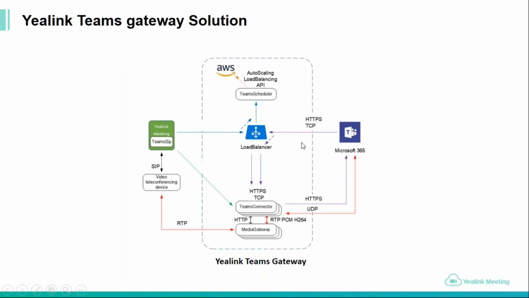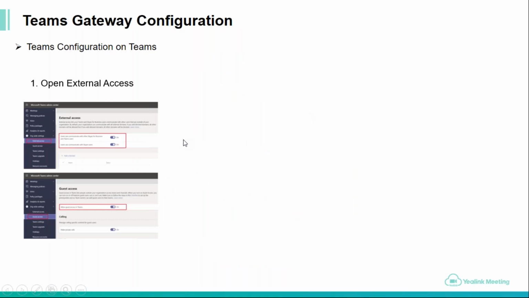And let's go to the Yealink Gateway solution. We deployed our Yealink Gateway on AWS. And this shows how you can configure it on Teams. Basically, our operation is the same as BlueJeans. Some partners will mention that they see BlueJeans in our configuration guides.